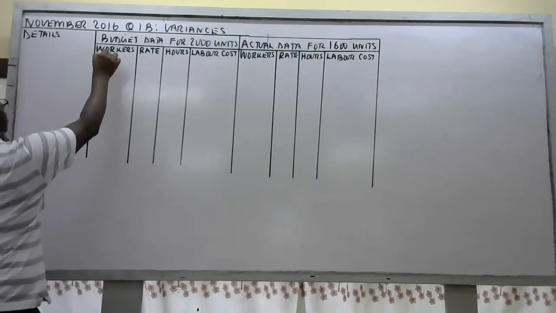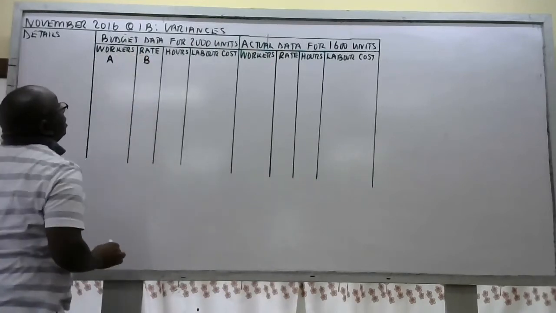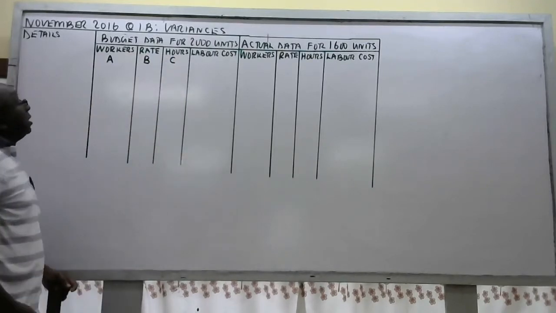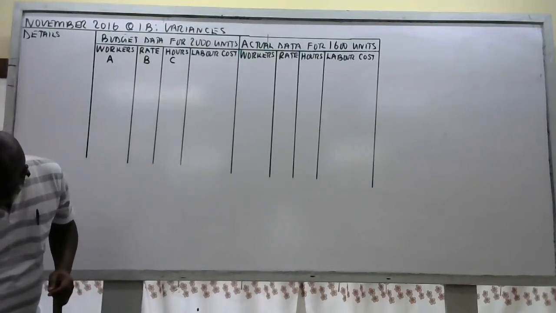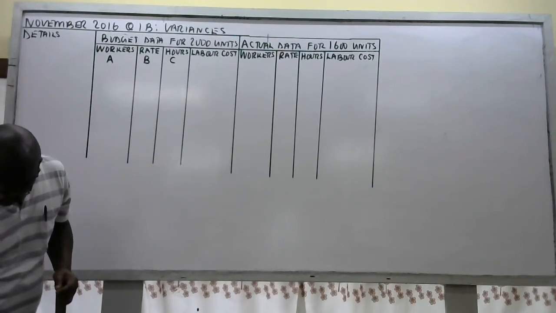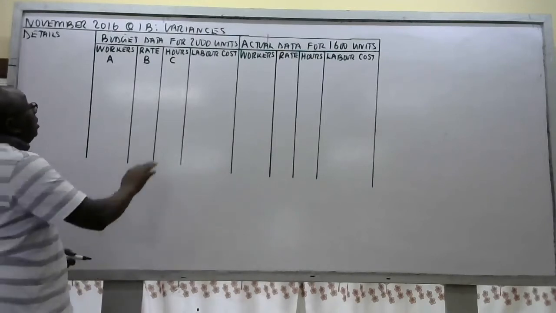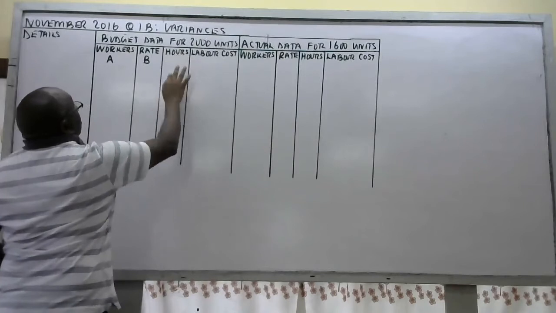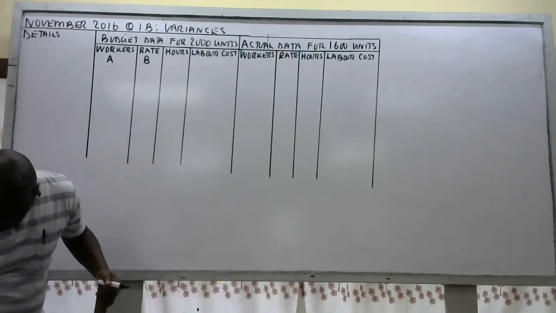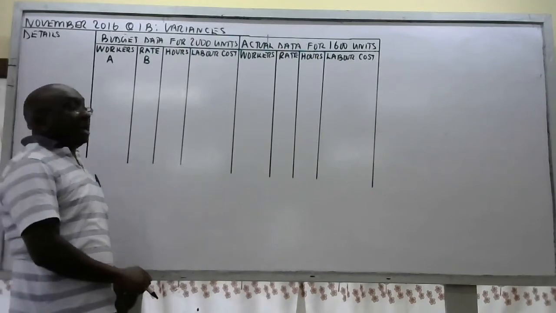If I call this A, and this one I call it B, this one I call it C, first of all, is C, the hours. Each worker, we are told, takes 40 hours.